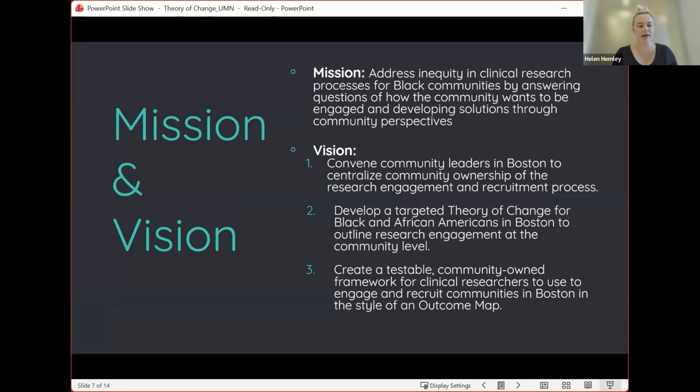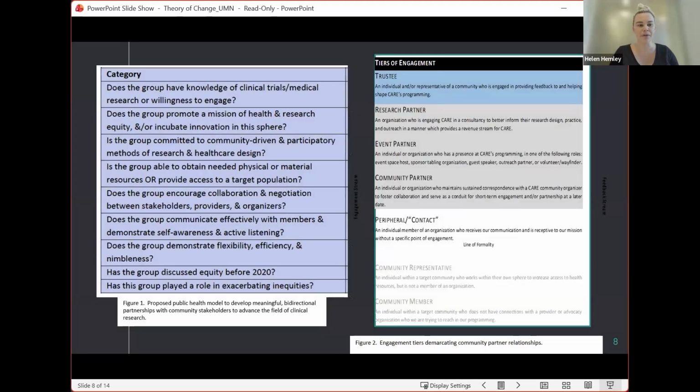So again, the theory of change process brings together stakeholders from a variety of different backgrounds to create that vision for the future of, in this case, clinical research with Black and African Americans in Boston, but again, it can be translated to a lot of different communities, whether that's neurojustice, whether that is a specific town, whether that is a specific population, and really trying to gather what is important to them, and then that can be translated back to researchers and the community alike.